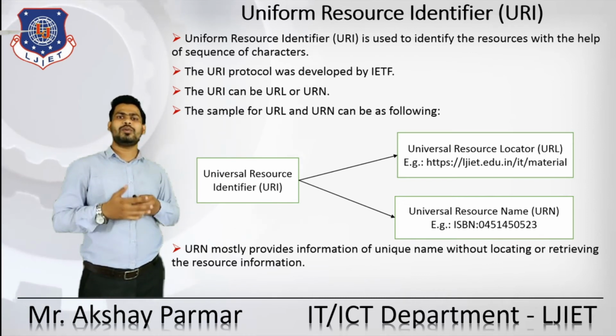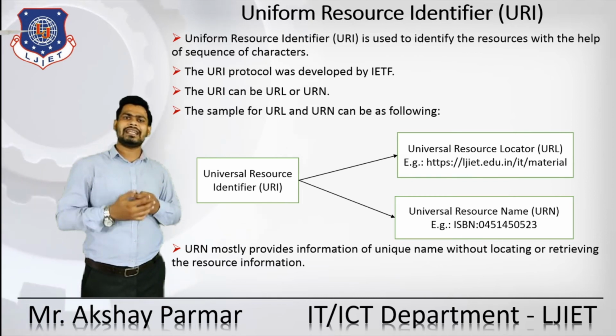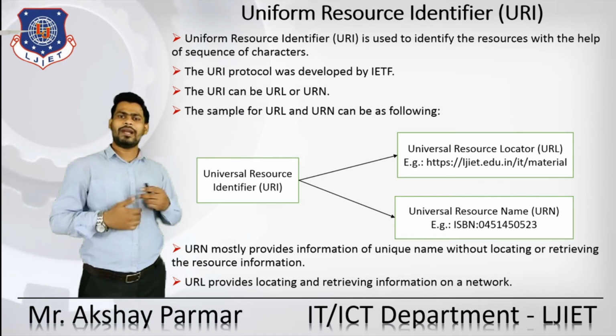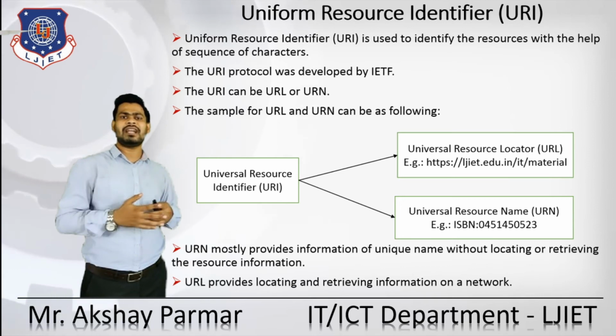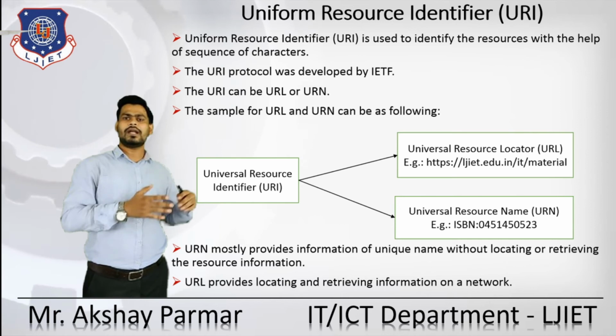But when you need to locate and retrieve the resource information, you need to use a URL. A URL provides locating and then retrieving the information on the internet. So that is the basic difference between the URL and the URN.